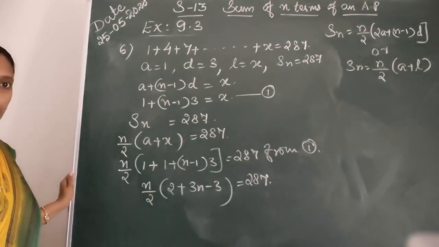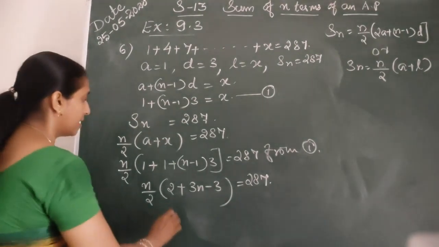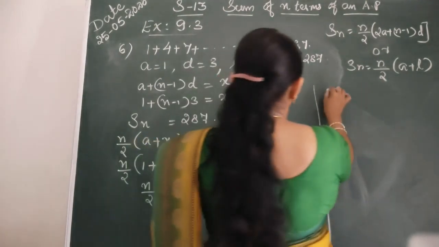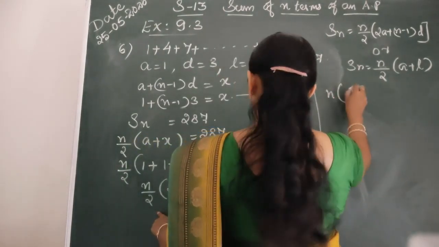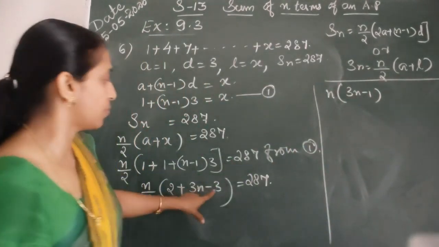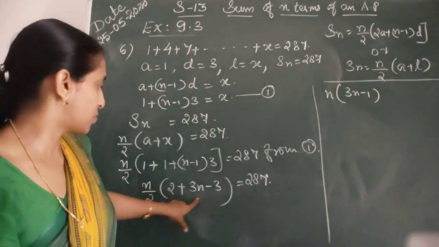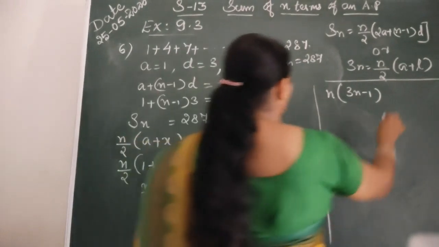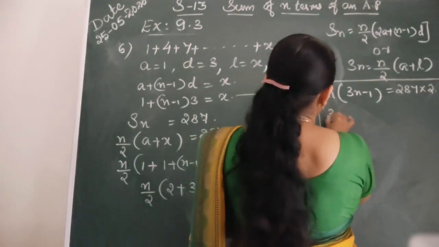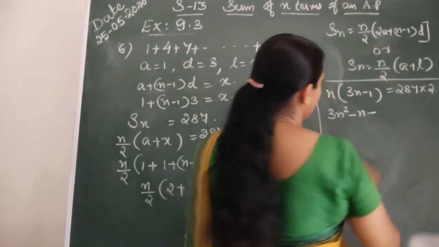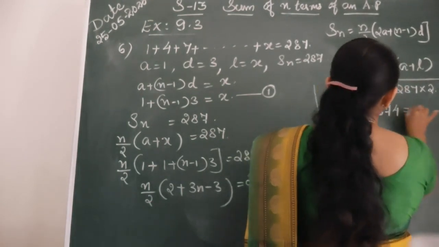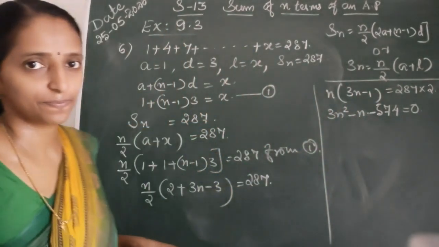From here, can you calculate n? You can calculate n. This 2 will be going over there. So you will get n into (3n minus 1), because 2 minus 3 will be minus 1. So n into (3n minus 1) is equal to 287 into 2, and you will get 3n square minus n minus 574 equal to 0.